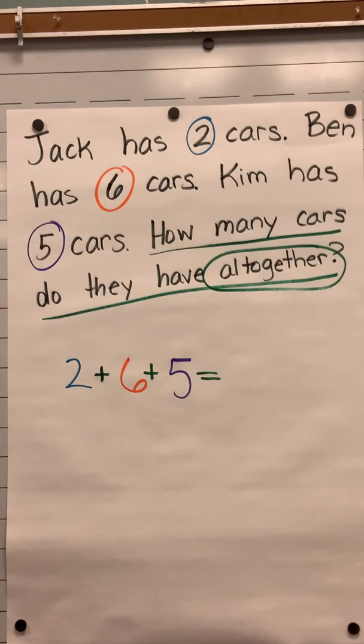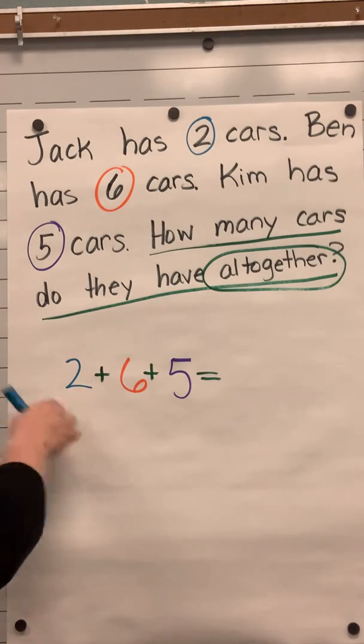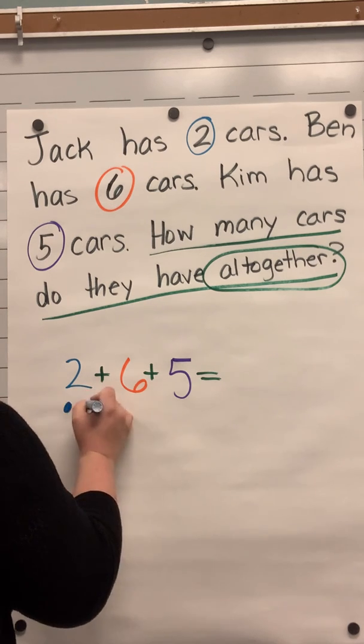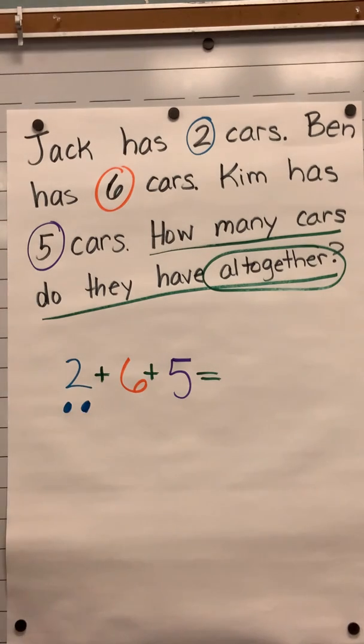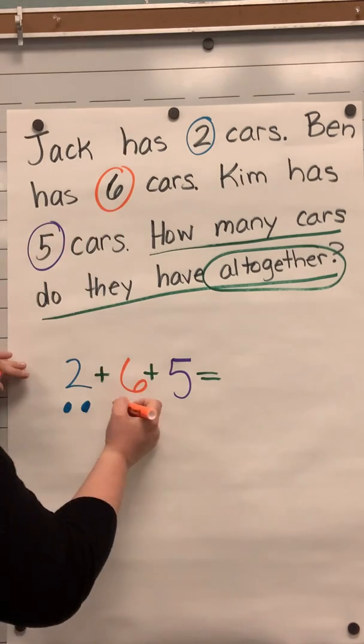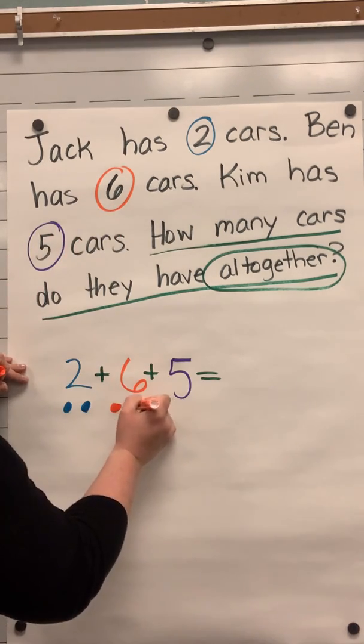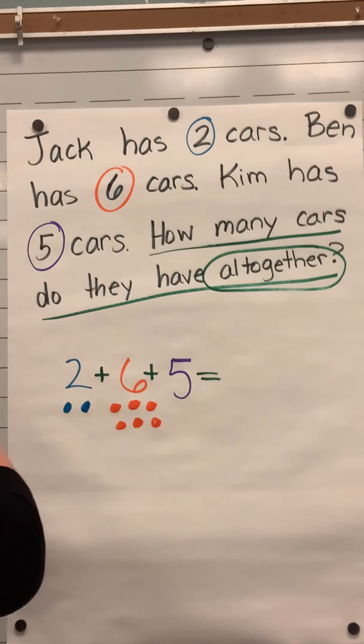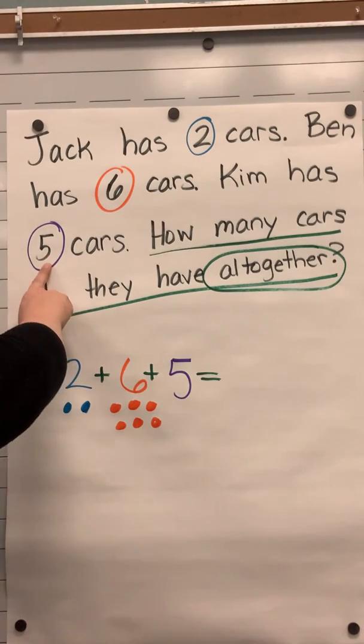I think what I'm going to do is I'm going to draw a picture because I know that Jack has 2 cars. So there's 2 cars. Ben has 6 cars, so I'm going to draw 6 cars for Ben. And then Kim has 5 cars.